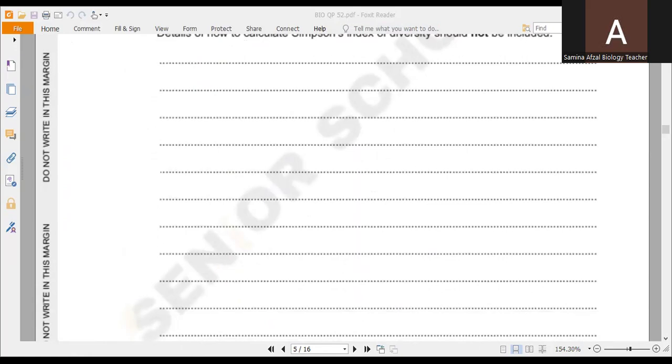Moving towards this question, first of all we have to write about the method to investigate changes in plant species diversity. I think there are different steps which should be taken to do this. First of all, we have to establish baseline data.